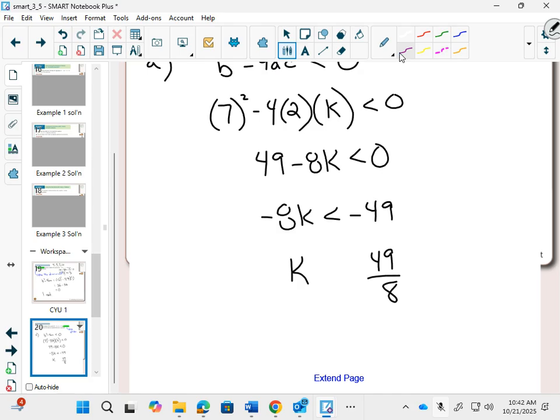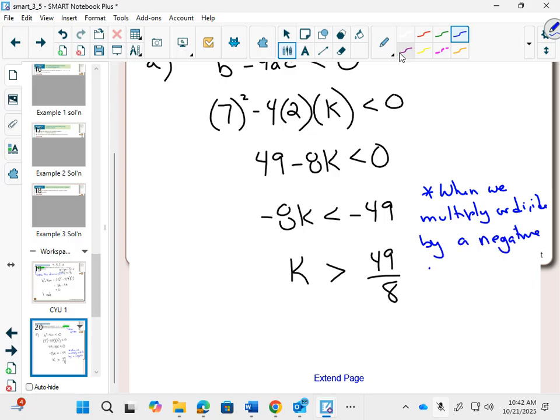And here is the one special rule with inequalities. You flip the sign when you move the negative. When we multiply or divide by a negative, we flip the inequality.